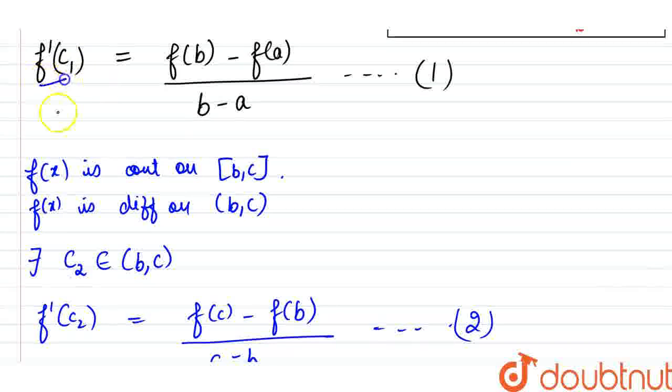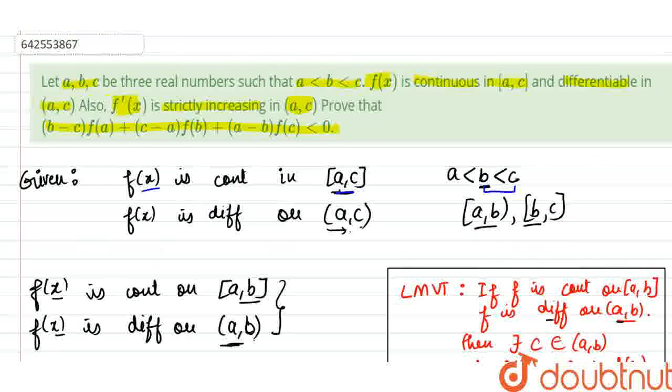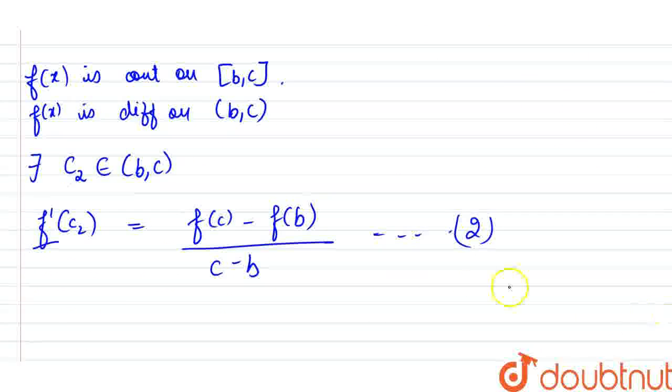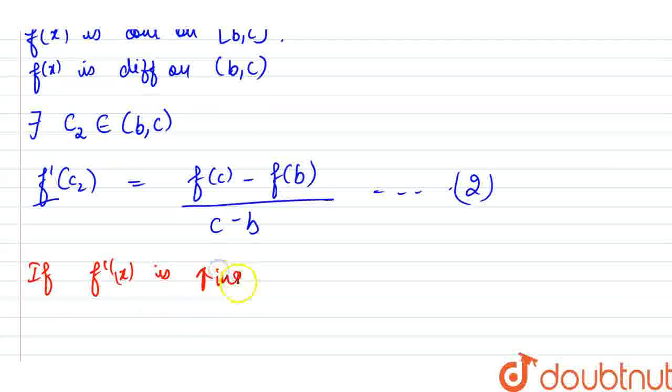Now, what have we been given about f dash in the question? We have been given that f dash x is strictly increasing in the open interval a to c.